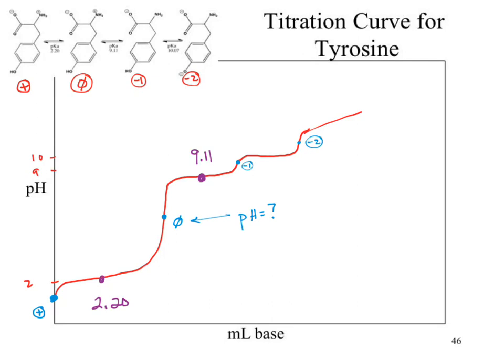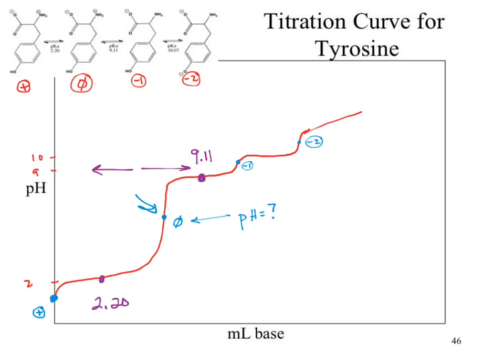If this was a real titration curve, where is the blue point relative to those purple points? Exactly halfway between them. I know the pH at my purple point. I know the pH at the other purple point. 9.11, the other one is 2.20.